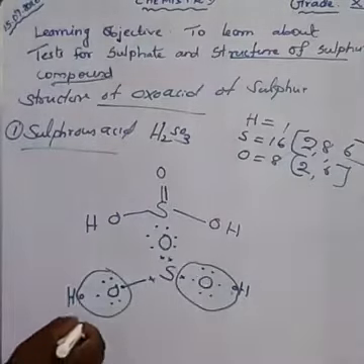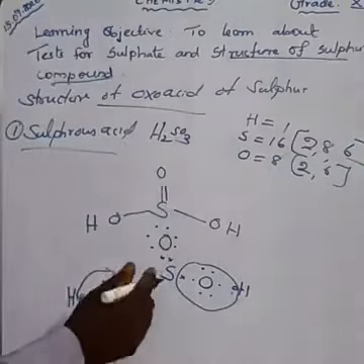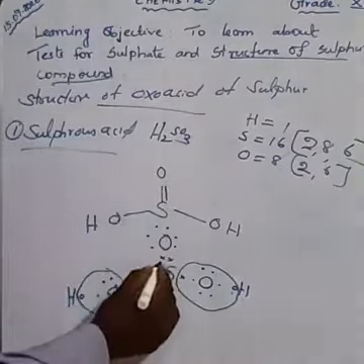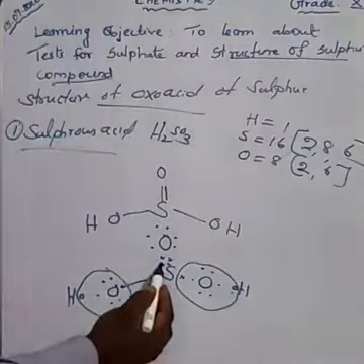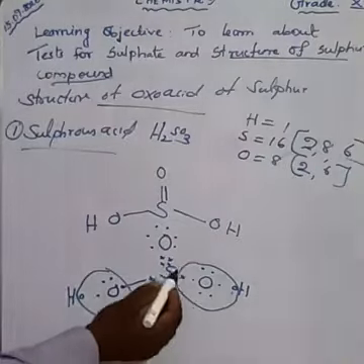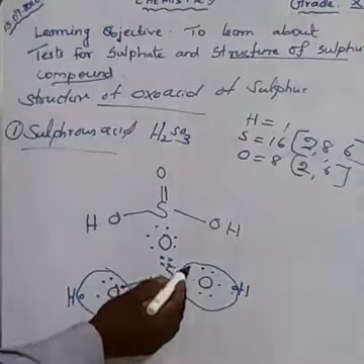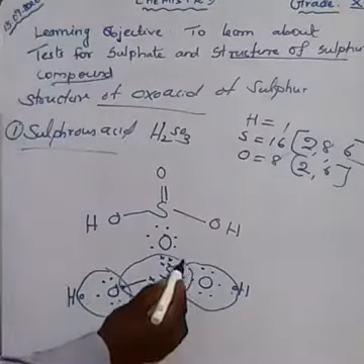And also here having a double bond, so again you should make 2 more electrons: 1, 2, 3, 4, 5, 6. Sulfur having 6 electrons, by taking these electrons, now sulfur is also getting 8 electrons.